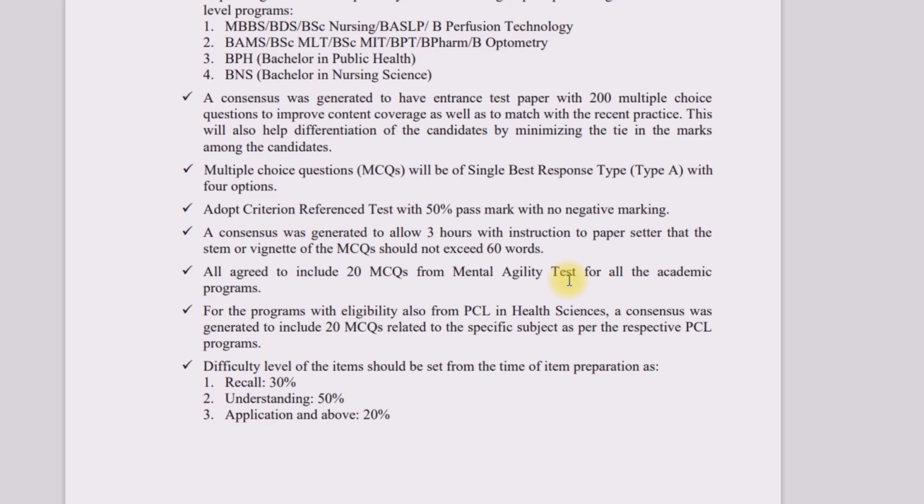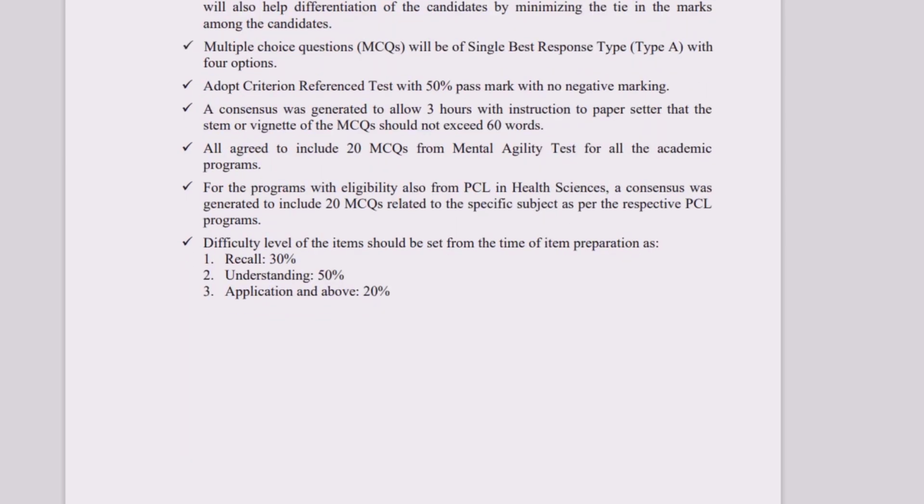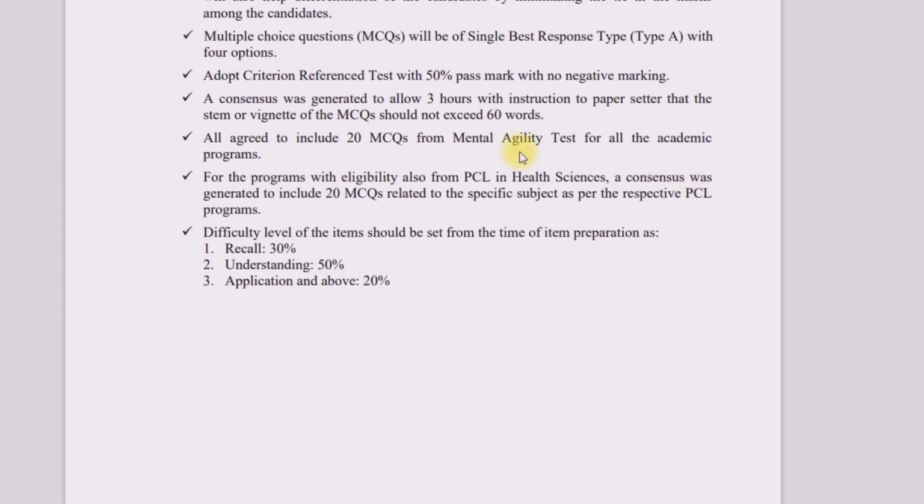We used to have exams only on academic health sciences subjects. But now the MEC has formulated this and added this subject, let's call it a subject, which includes 20 MCQs, and it's for mental agility testing of the students.